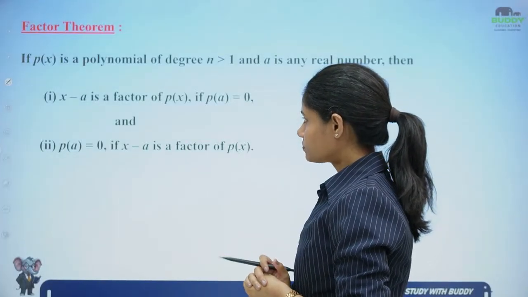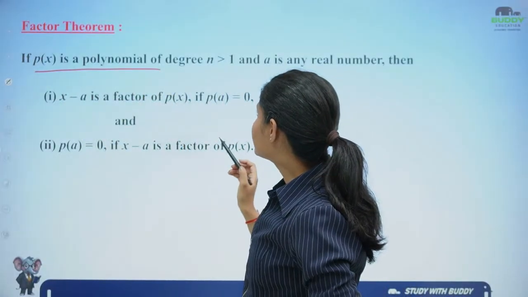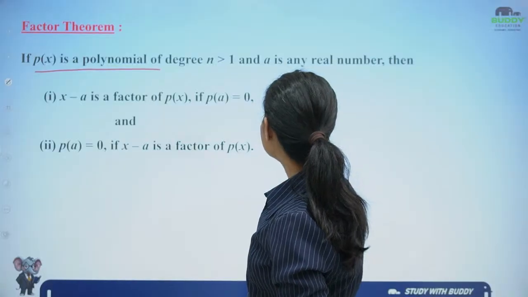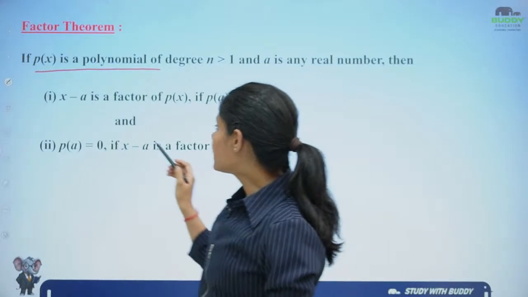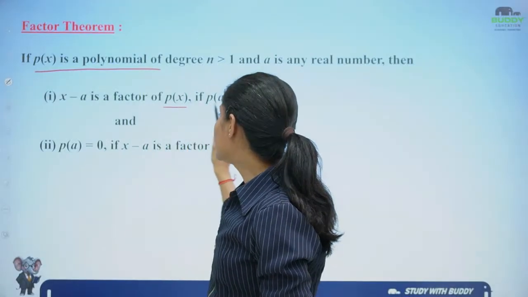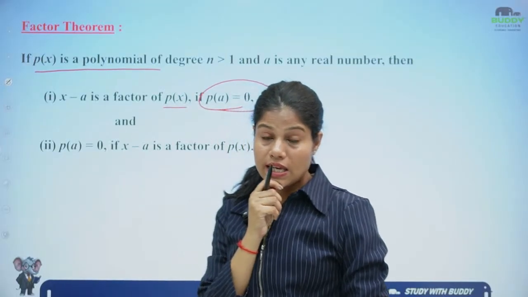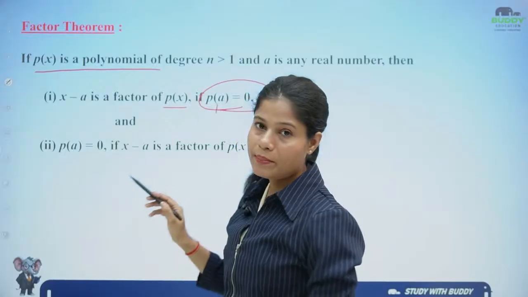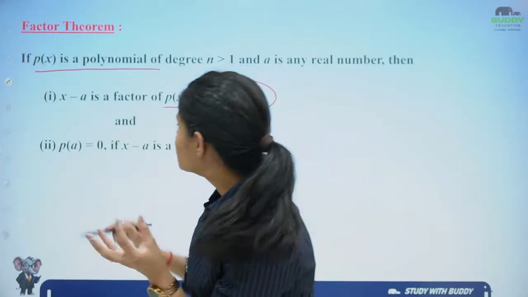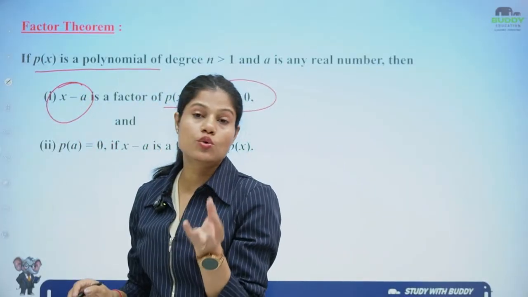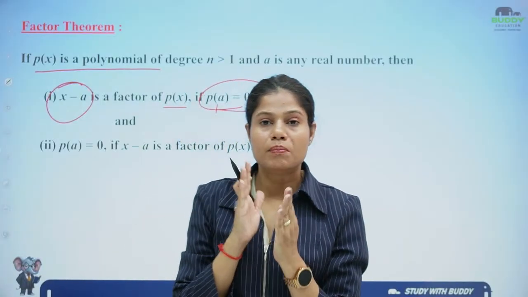They are saying if p(x) is a polynomial of degree greater than or equal to 1, and a is any real number, then x minus a is a factor of p(x) if p(a) is 0. They are saying if p(a), which means the remainder, comes out as 0, then certainly the thing by which you were dividing will be a factor of that.